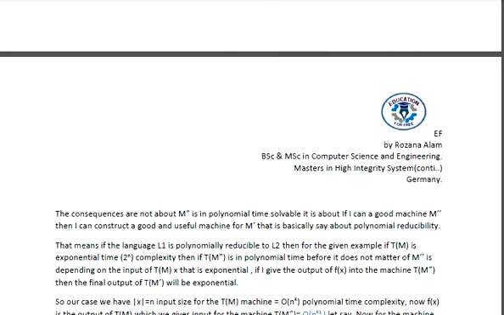What does it mean? Let's say we have a machine M which takes the input language L1. Suppose the Turing machine M1 produces output in exponential time, while M2 separately has polynomial time complexity.